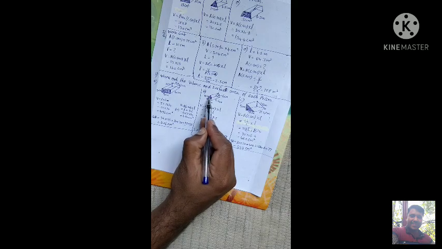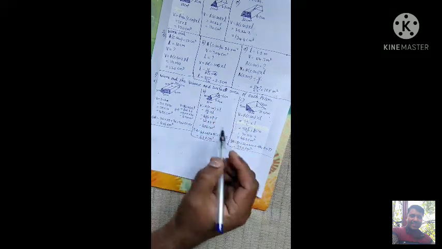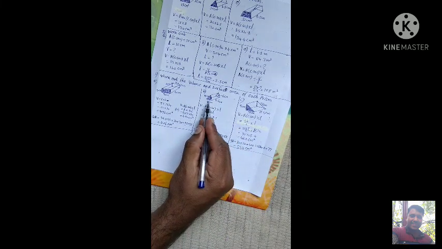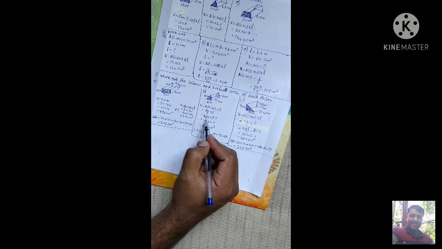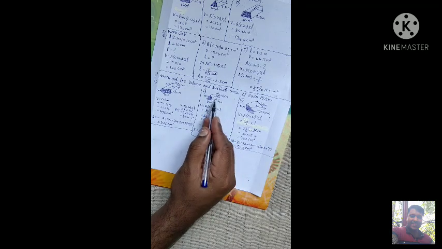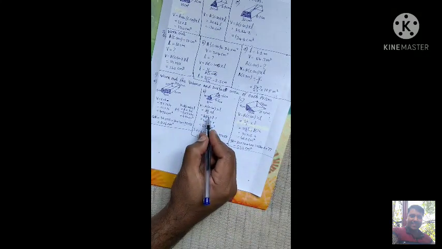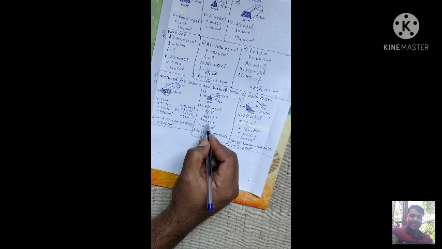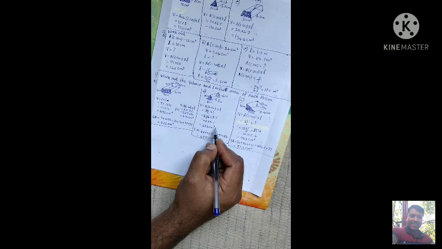This side measurement is 10 centimeter, but the height is 6 centimeter. So we write breadth 16 and height 6, divided by 2, times length. The length here is 9.5. So 16 times 6 divided by 2 equals 48, times 9.5. When you multiply that, we get the answer 456 centimeter cube volume.